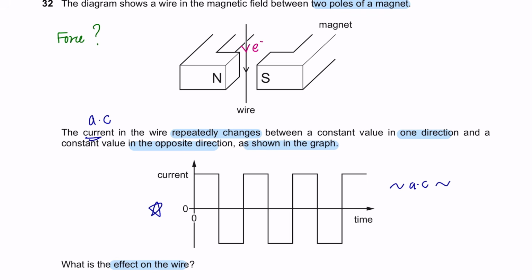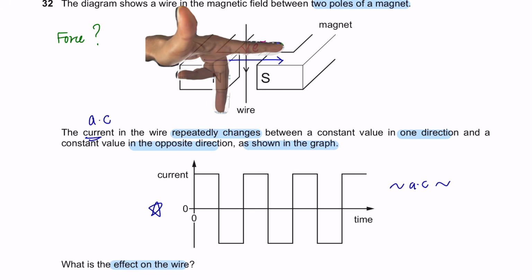We know that the current is flowing in this direction and the magnetic field always goes from north to south, so it is in this direction. According to your left hand Fleming's rule, your index finger should be pointing from north to south in this direction like this, and your middle finger is for the flow of current. Since it's going down, it will be directed like this. It will be in this direction, and as you can see, your thumb is pointing out of the page.